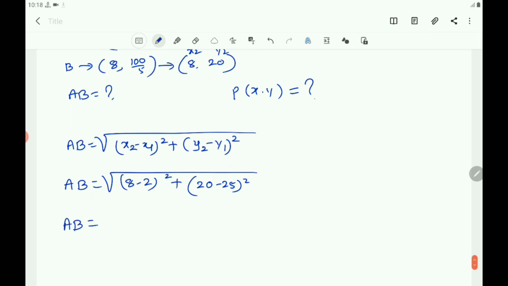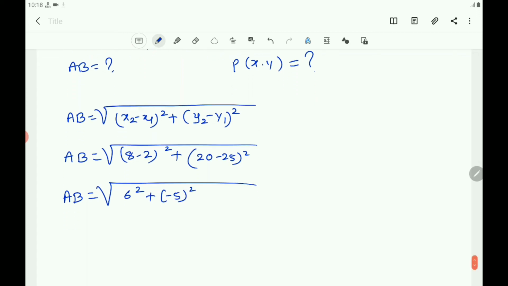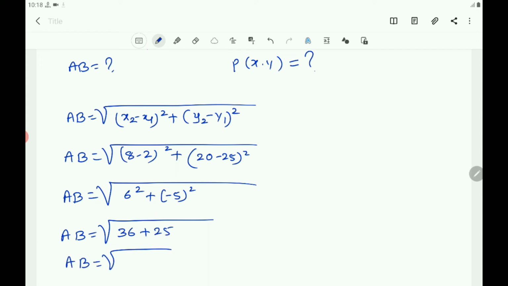Then AB equals whole root of 6 square plus (minus 5) whole square. Then AB equals whole root of 36 plus 25. So AB equals root 61, that is the distance between the two flags, green flag and red flag.